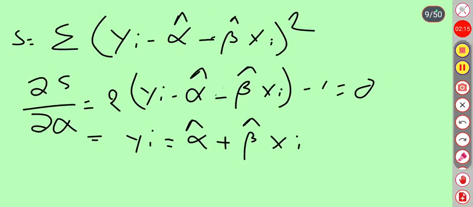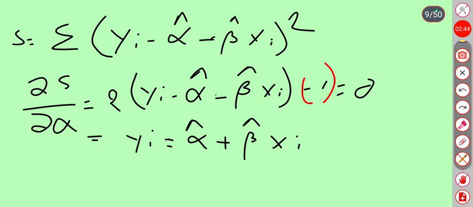Del S by del alpha is equal to 2 times summation yi minus alpha hat minus beta hat xi times minus 1. We are taking the derivative with respect to alpha hat, so there is a negative sign, that is why minus 1. This is equal to 0, the first order condition.